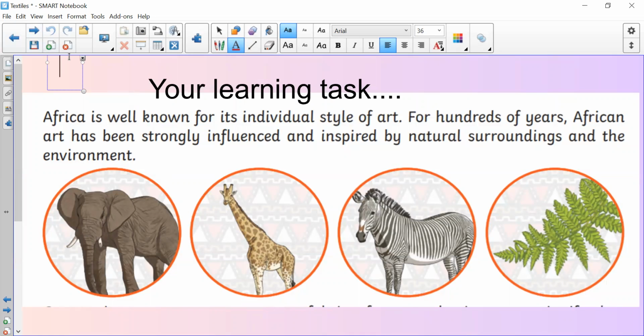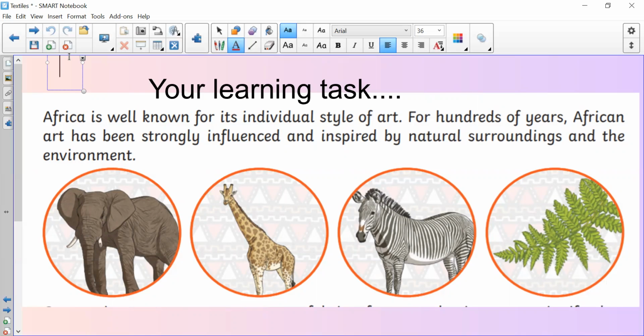Okay, so how does this link to your learning task today? Now, unfortunately, we're not in school, so we can't actually do the batik on fabric, but today you will be drawing a repeated pattern design, okay? Now we're going to be taking inspiration from Africa because Africa is well known for its individual style of art.